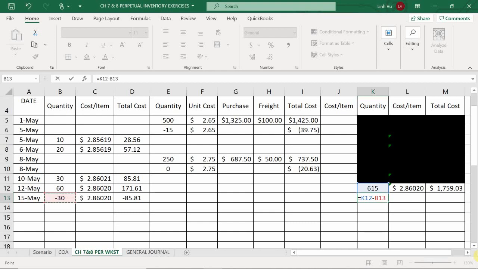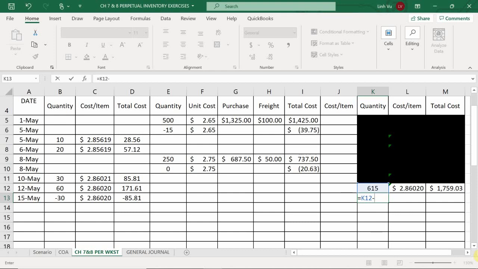How much inventory do I have now on hand? 585. How did you get 585? Remember, we're adding the inventory back.